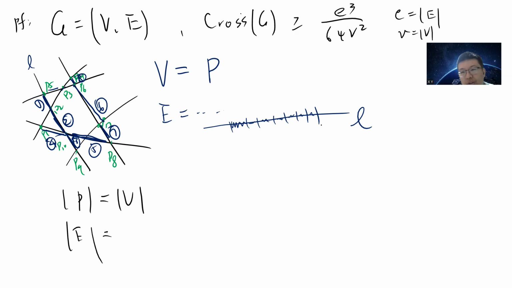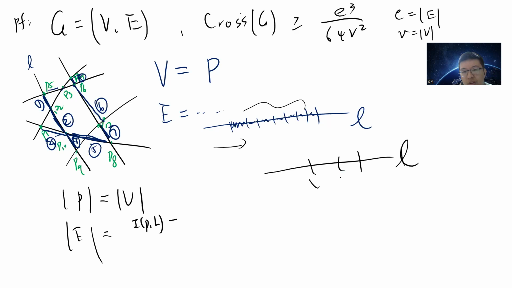Each line has some point set, so the number of edges is the number of incidences minus 1 per line. Let me check. If you have a line with 3 points, the incidence count is 3, so this line contributes 3 incidences, but you only get 2 edges.